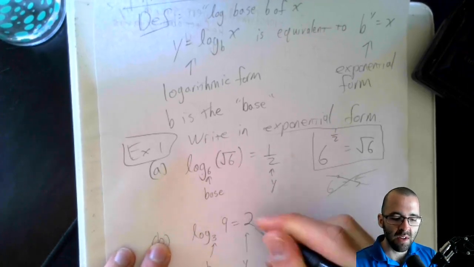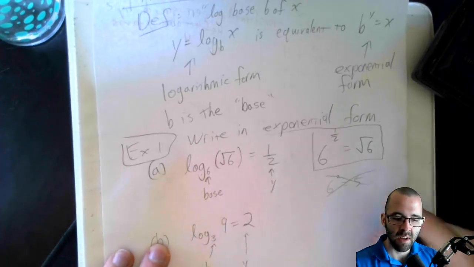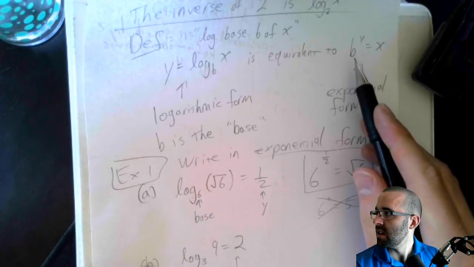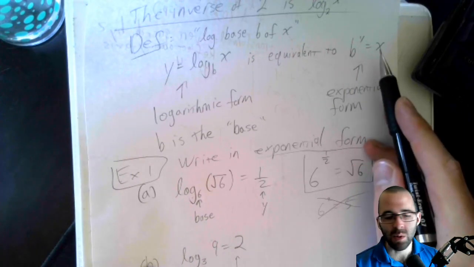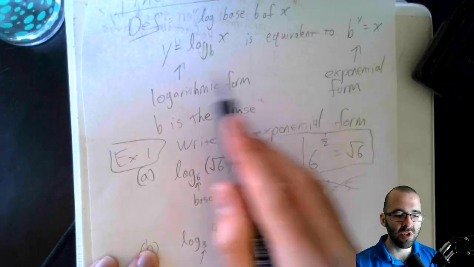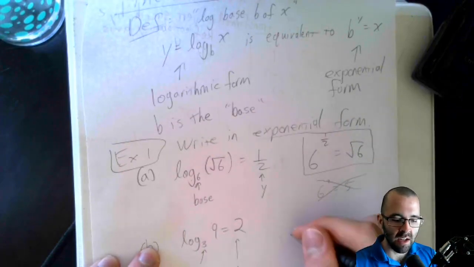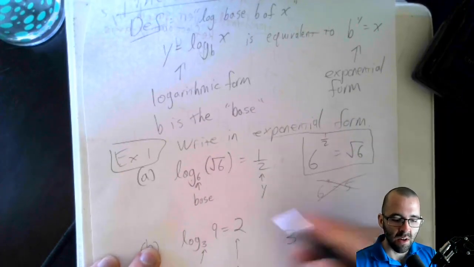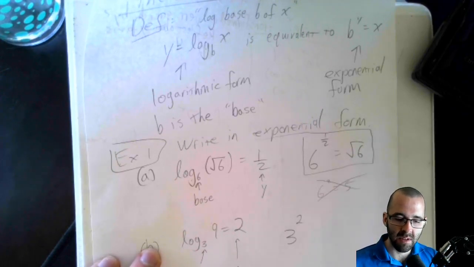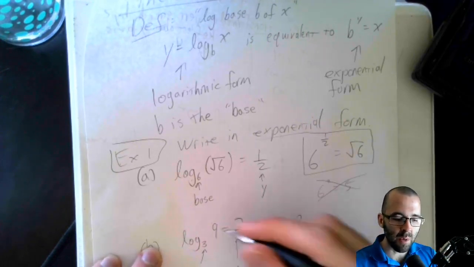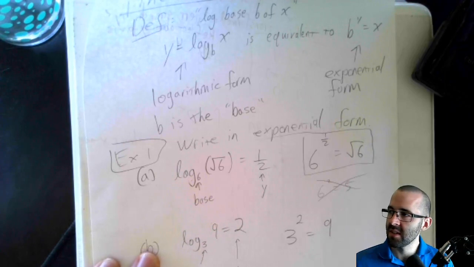Okay. So the base of the logarithm is 3. The y value is the output. So in exponential form, it's the base to the y equals the x. So you just use this definition. Say, okay, base is 3. Y is the exponent. And that should equal the inside, which is 9.